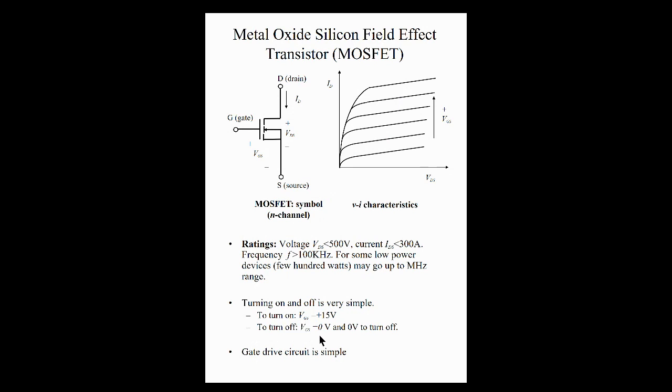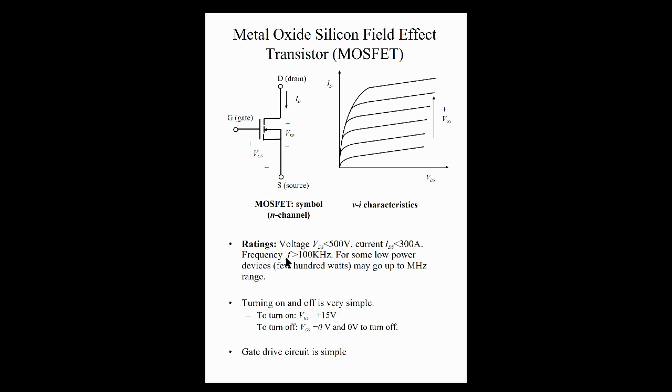So between 0 and 15 volts, you can switch it on and off. The drain source voltage is as high as 500 volts, and your current is as high as 300 amperes.